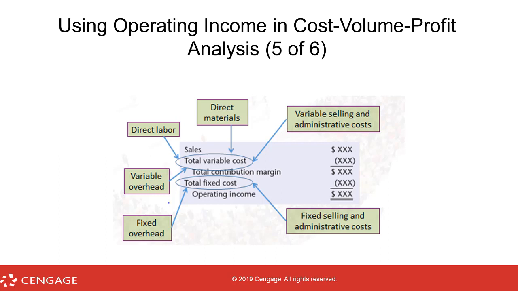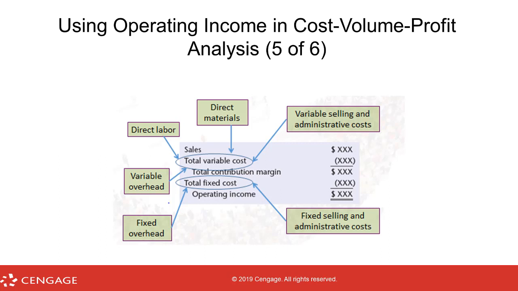Looking at this on a very basic level, you have sales minus the total variable cost, and that's direct materials, direct labor, the variable overhead, and the variable selling and general and administrative costs. That equals your total contribution margin.